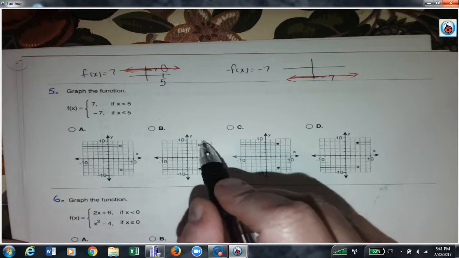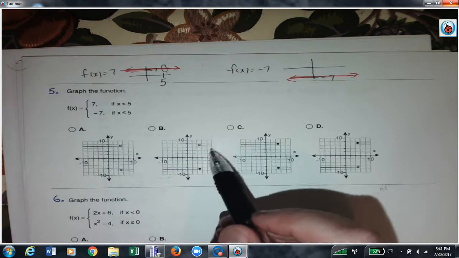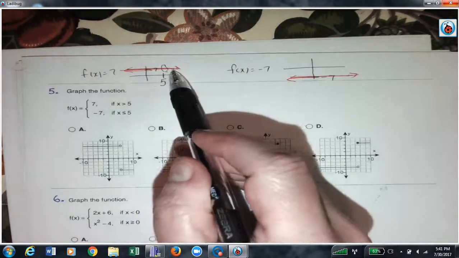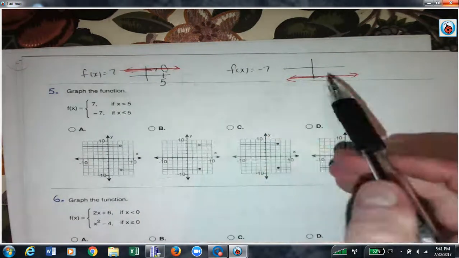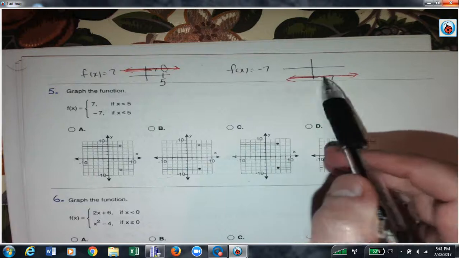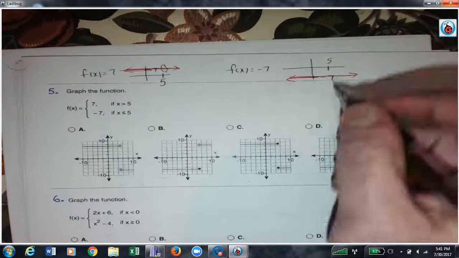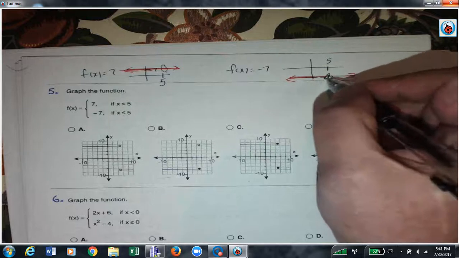That's going to be the only possibility. I want this graph when x is greater than 5, and I want this graph when x is less than or equal to 5.